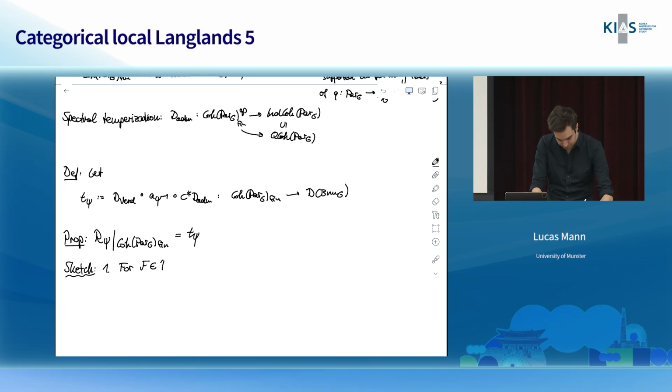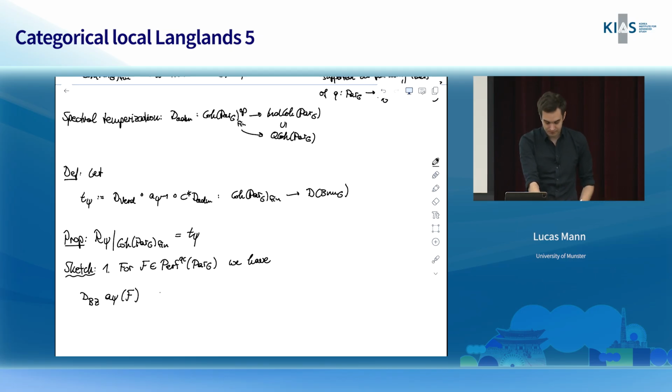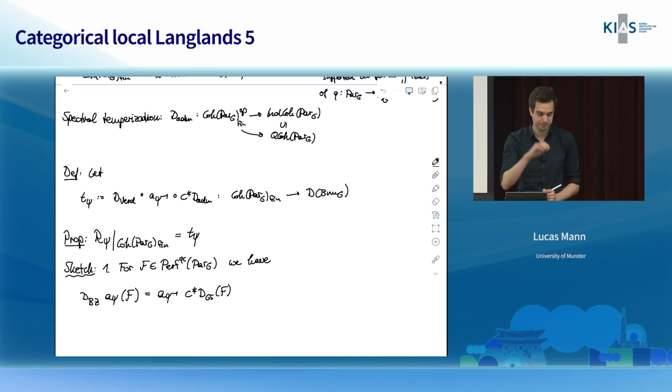So suppose I have some perfect sheaf F with quasi-compact support on Bun G. Then you can show that if I take the Bernstein-Zelevinsky dual of A psi of F, then what you will get is A psi inverse applied to a twisted Grothendieck-Serre dual of F. And since F is perfect, this Grothendieck-Serre dual is really just a dual.